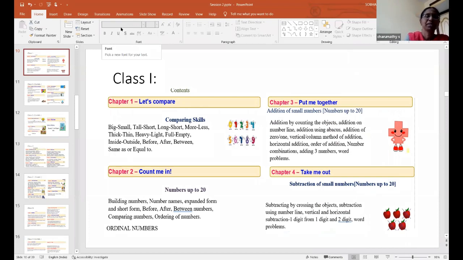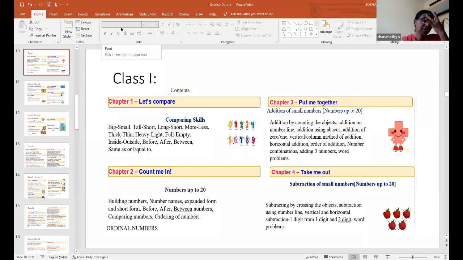So the first topic is only about comparison. All these topics are specified by CBSE to be completed for a class 1 child. So all these topics are prescribed by CBSE.